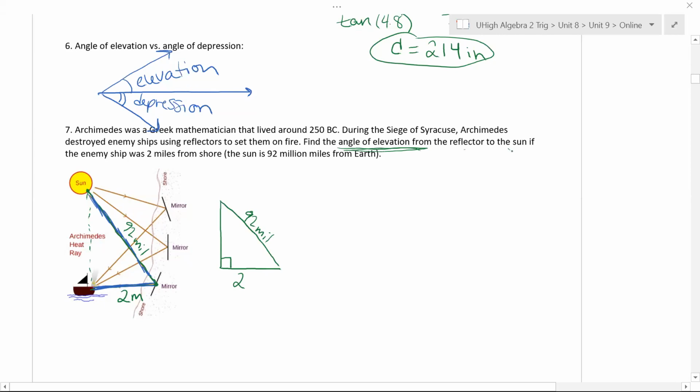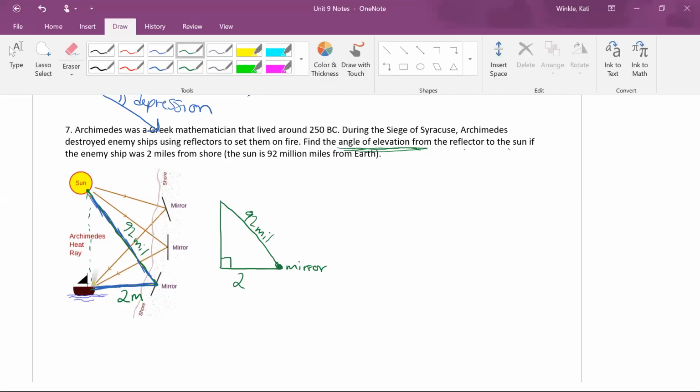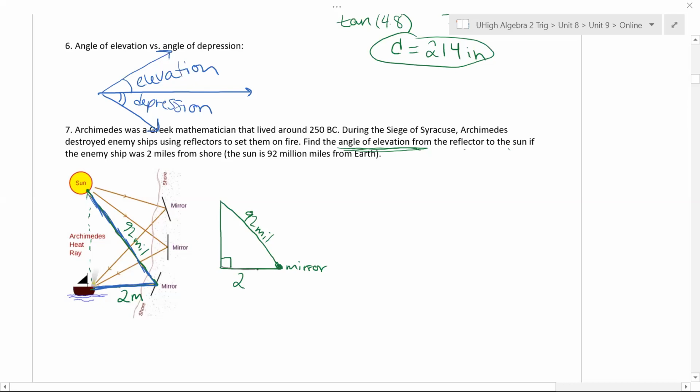So what I want to do is first I want to find where that reflector was. Well, it was down here with our mirror. And I'm looking for where that elevation is to the sun. So I'm looking from my horizontal piece up to the sun.